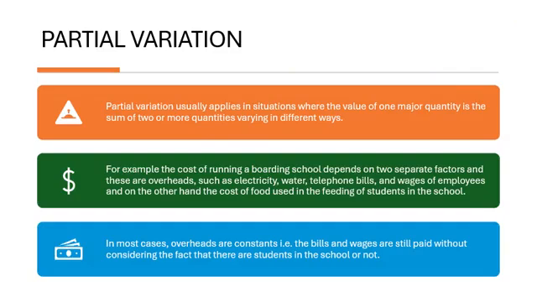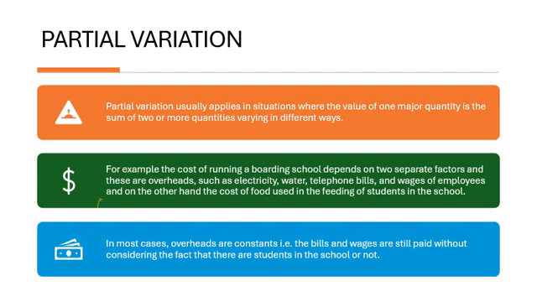Now, partial variation usually applies in situations where the value of one major quantity is the sum of two or more quantities varying in different ways. Okay, let's take an example.